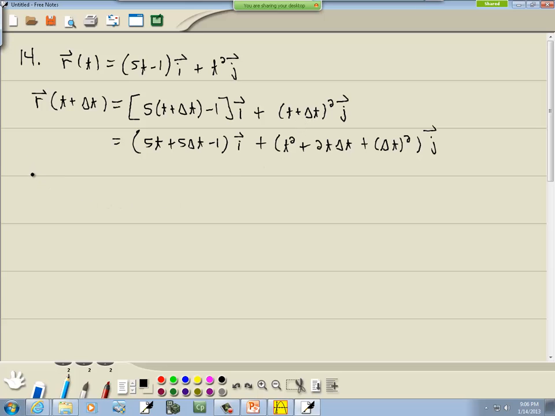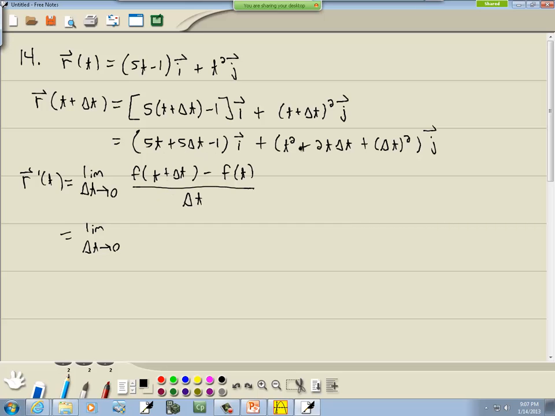Well, our formula for the derivative is equal to this right here. And I left something off. Try it again. You need our limit here. Limit as delta t goes to 0 of f of t plus delta t minus f of t over delta t. So that's equal to the limit as delta t goes to 0. r of t plus delta t, we said, is all of this.